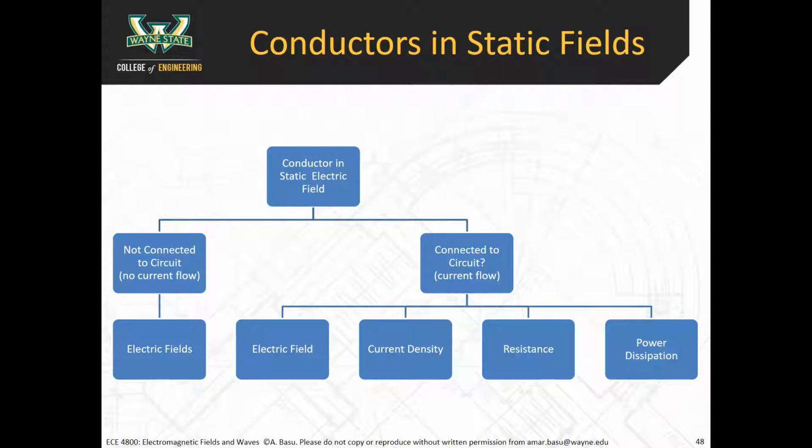Then we're going to move on to the second part, where the conductor is connected to a circuit. You have a conductive wire connected to a voltage source, so you're going to get current going through the wire. In that case, we have to talk not just about electric field, but also current density and resistance, and we're going to get into power dissipation today if we have time.